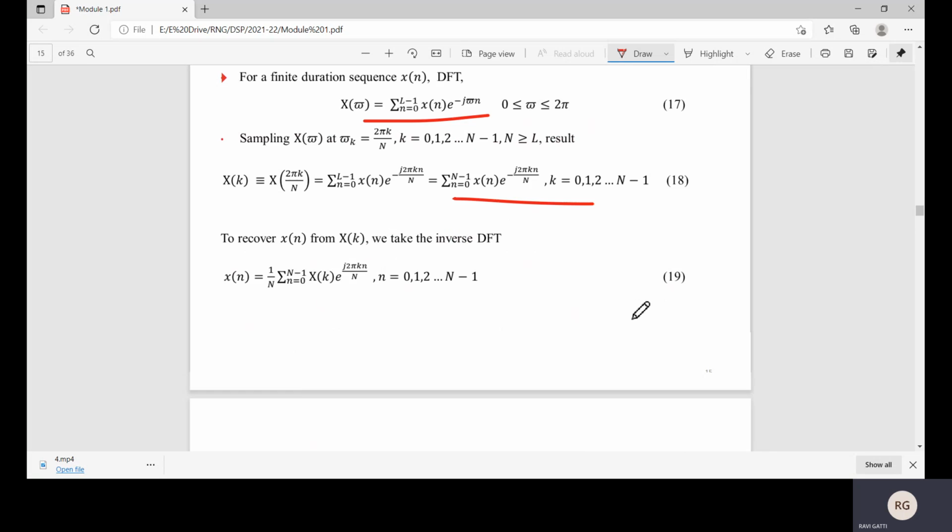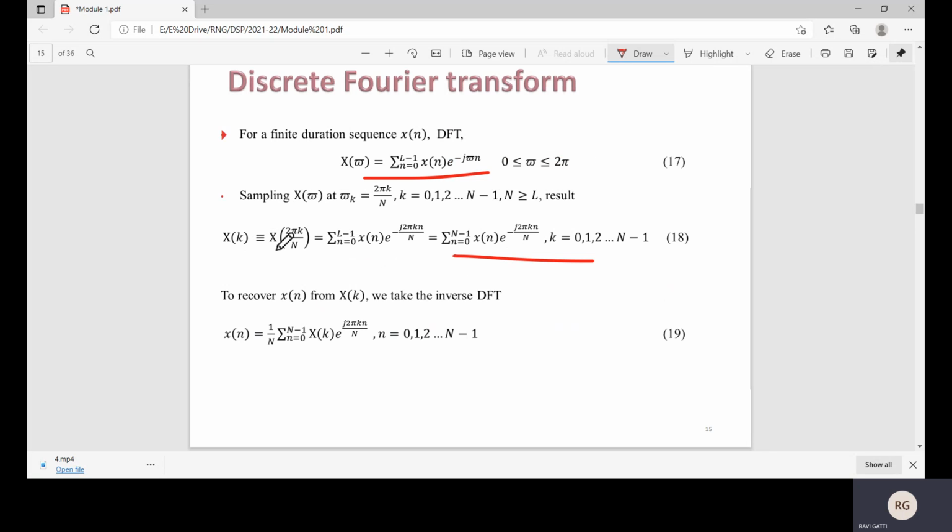Similarly, we can recover from the sampled version x of k to get back to the original signal x of n by using an inverse DFT formula. The inverse DFT formula extracts the signal x of n from the discretized version of the discrete Fourier transformation. This is the inverse DFT formula we are going to use in order to recover the original signal x of n.